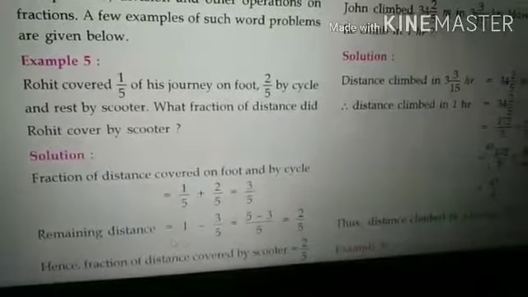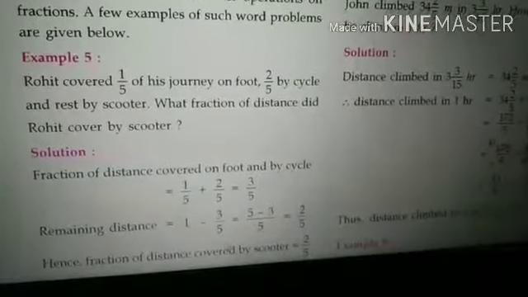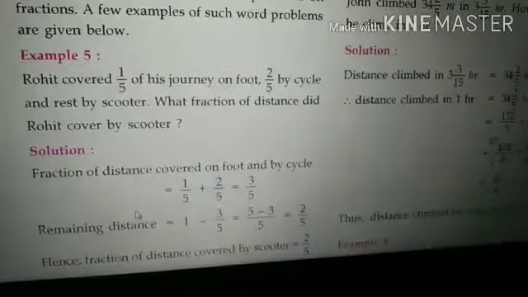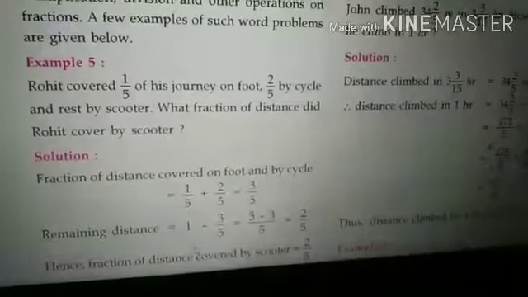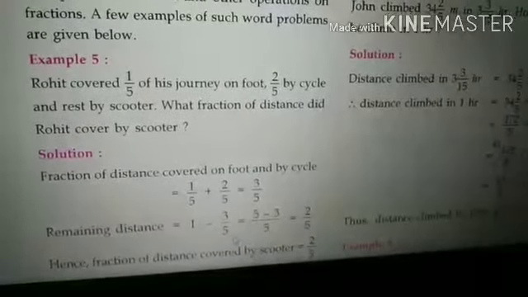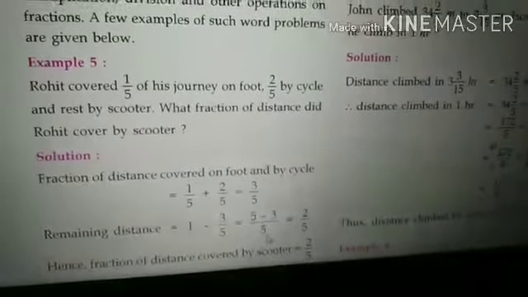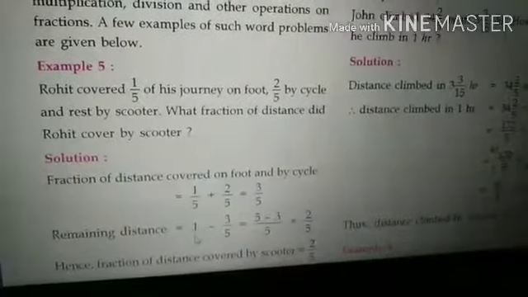Understood, students? So the remaining distance is equal to 1 minus 3 upon 5. We can write 1 in fraction as 1 upon 1. So we will first convert 1 into the same denominator as 5.